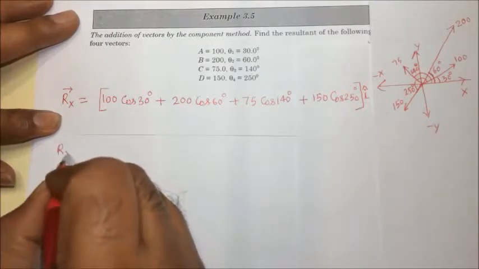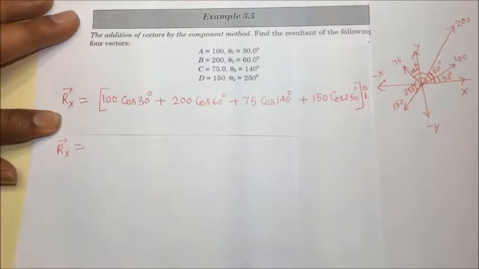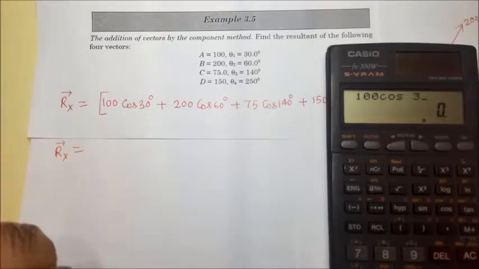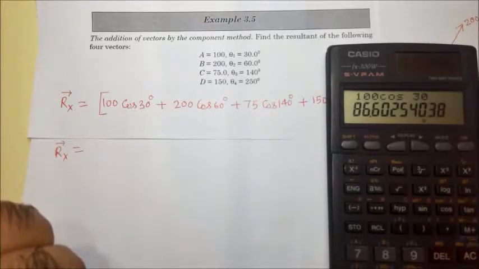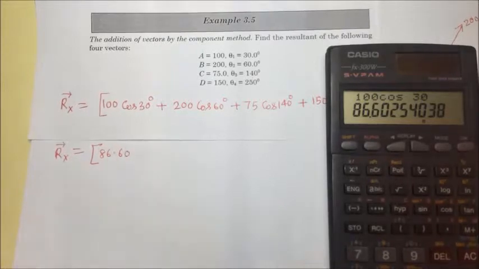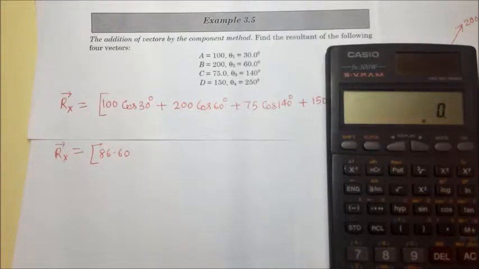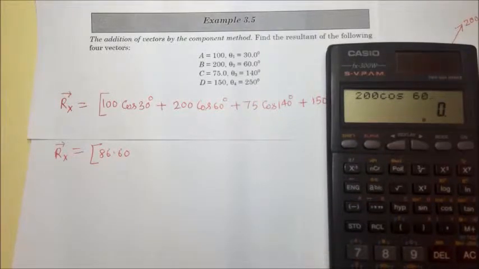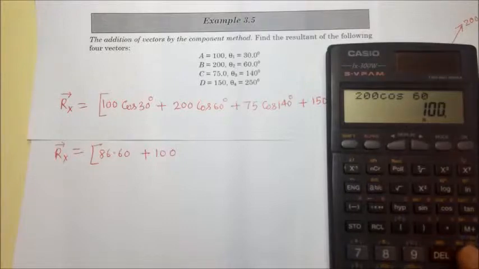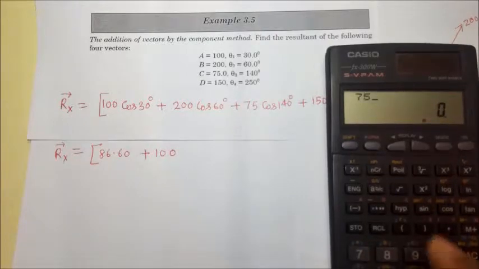So Rx is going to be 100 cosine 30, which is 86.60, plus 200 cosine 60, which is 100, plus 75 cosine 140.